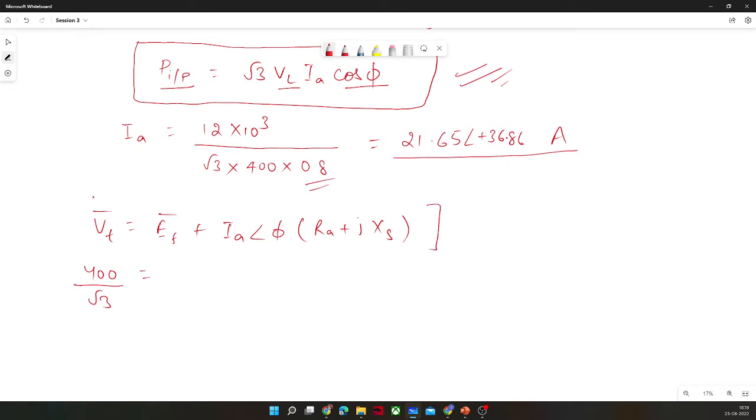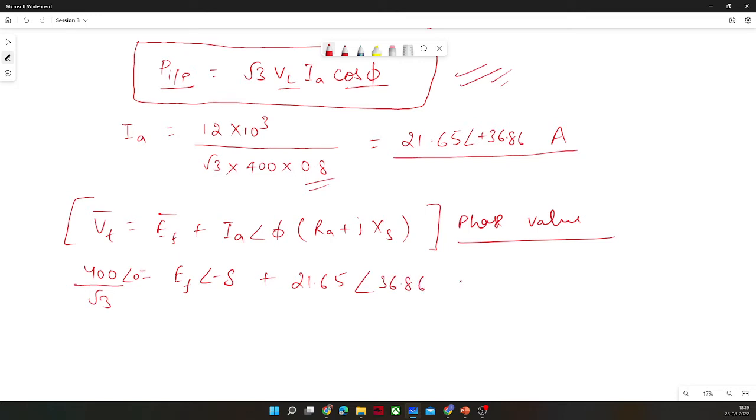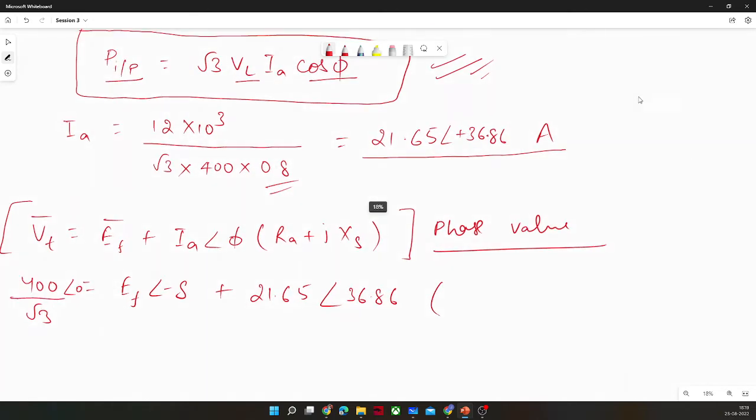Whenever we solve this equation, we should try to convert everything to phase values, otherwise it would be a mismatch. So 400 by root 3 angle 0, EF angle minus delta, plus 21.65 angle 36.86 into RA, which was absent in the problem, I guess. Yes, with negligible armature resistance, it was written.